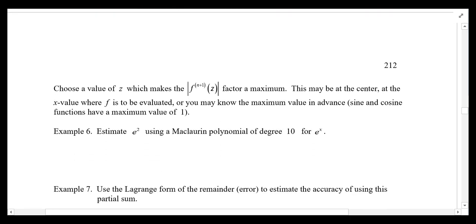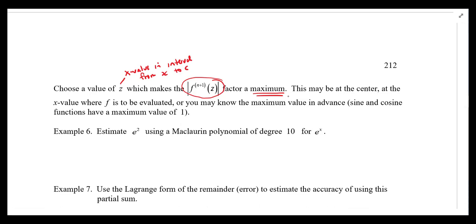So once again, the idea is you want to choose a value of z. z is the x value in the interval, usually from x to c, as long as that value of z makes the derivative factor a maximum. This could be at the center of the interval.